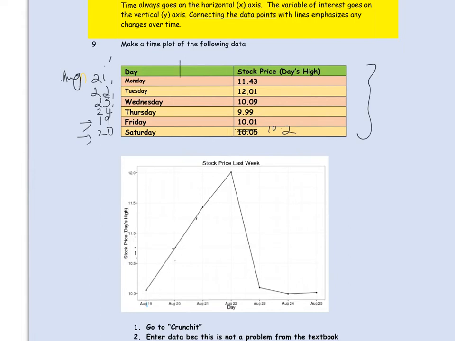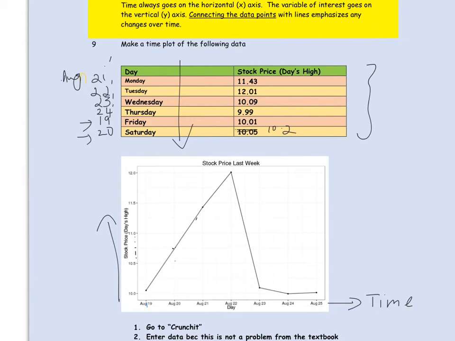What is changing here is time. So that's when you use a time plot. The time always goes on the x-axis. Always remember that the time goes on the x-axis. And if you're watching the stock price or anything else, that would go on the y-axis.